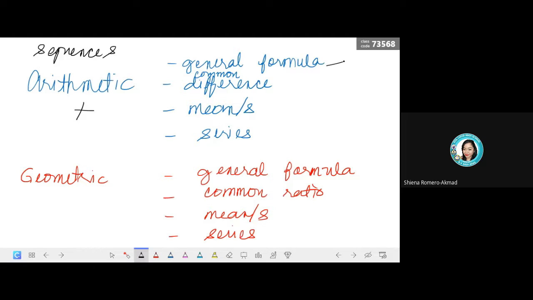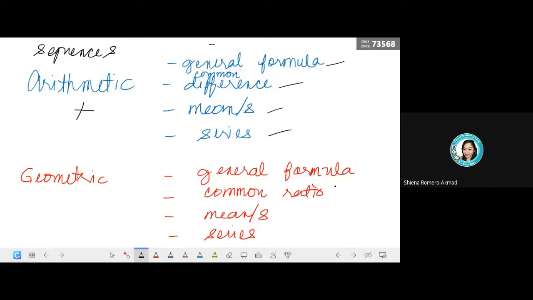And we know the general formula or nth term ng arithmetic. We know how to get the common difference. We know how to identify or get the missing term or the means, yung missing term in between two non-consecutive terms, diba? So, magamit tayo ng formula for that. And we know how to get the sum of the terms of an arithmetic.